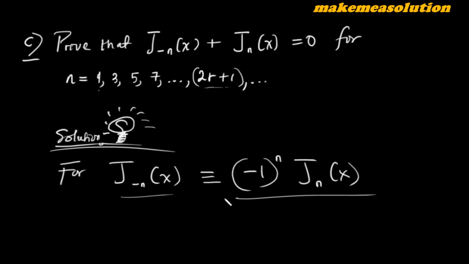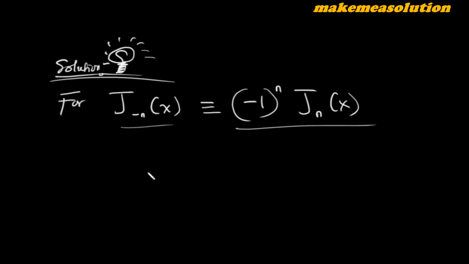But in an exam or test scenario, you should know that J_{-n}(x), the negative order, is still the same thing as (-1)^n J_n(x). Is that okay? So when you have it like this, you can now use it in your equation.